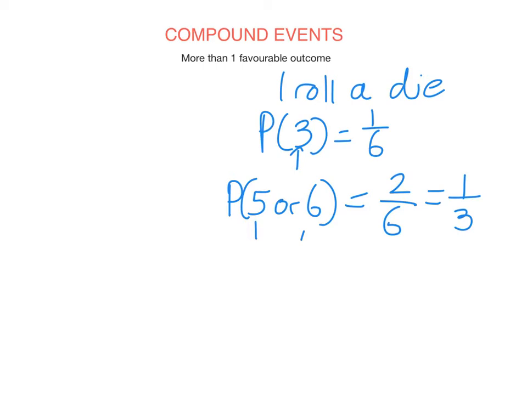So we need to get some terminology right first. It's a bit ambiguous, but what we're going to do in maths is that when I say or, I mean one or the other or both.